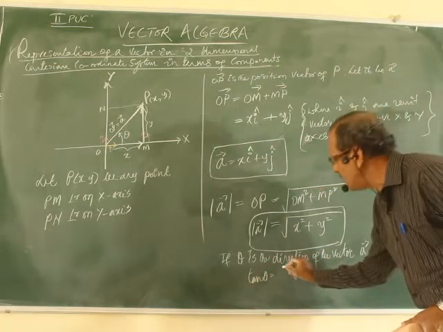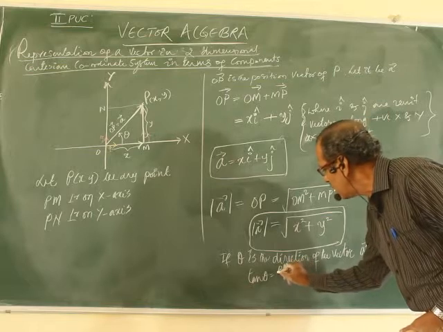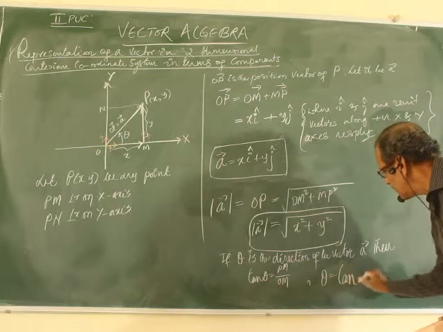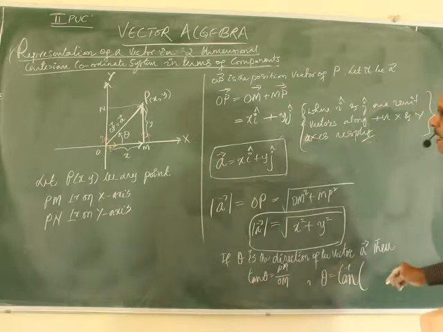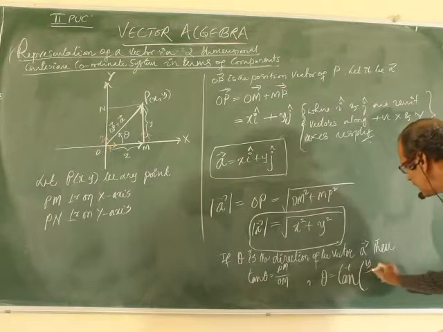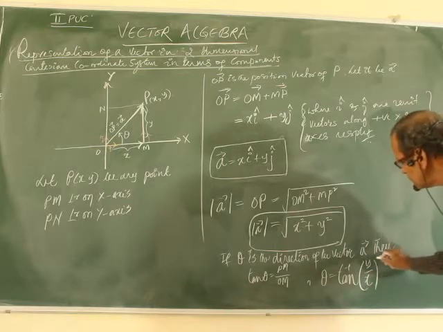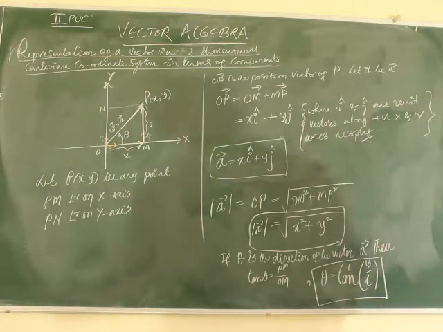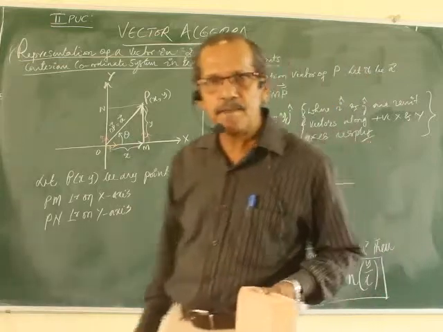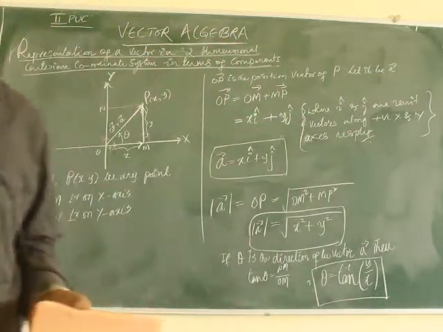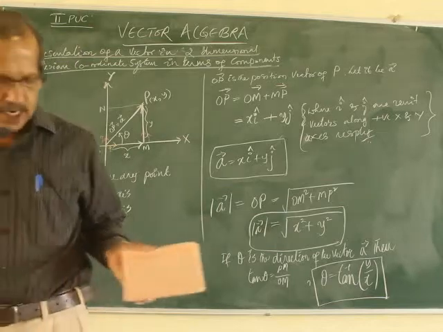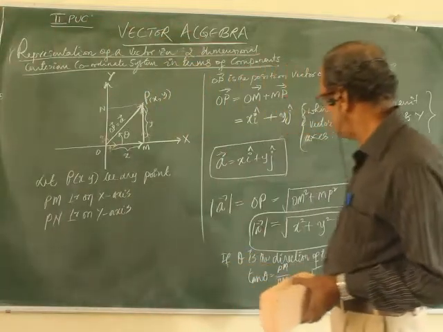Then tan theta equal to PM divided by OM, or theta equal to tan inverse of PM y by OM x. Now, given the vector, you can find its magnitude as well as its direction.